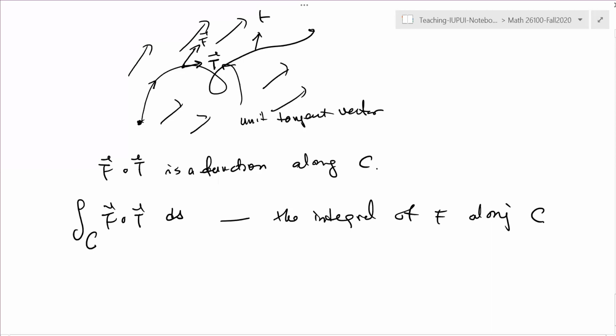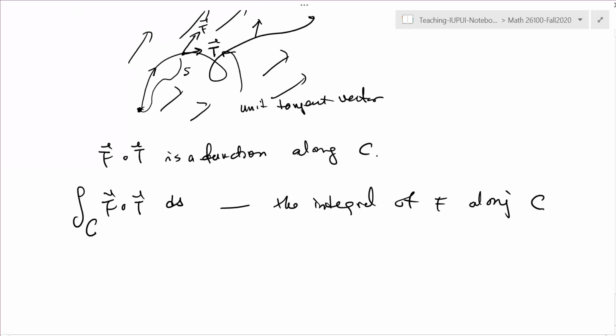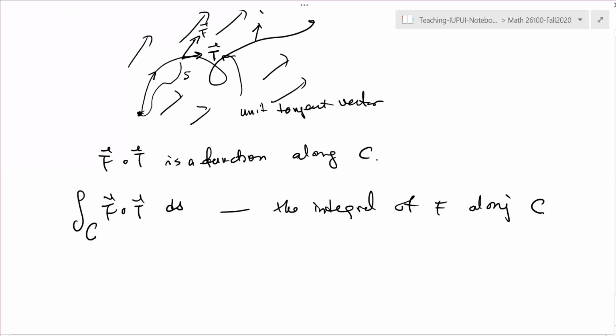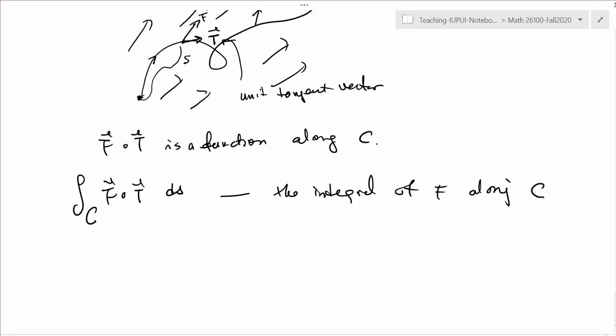So how can I describe that? If you know the arc length S, and if we can describe the dot product F dot T as a function of S, then you integrate with respect to S. But in general, you're not lucky. You cannot even find the arc length using elementary functions.